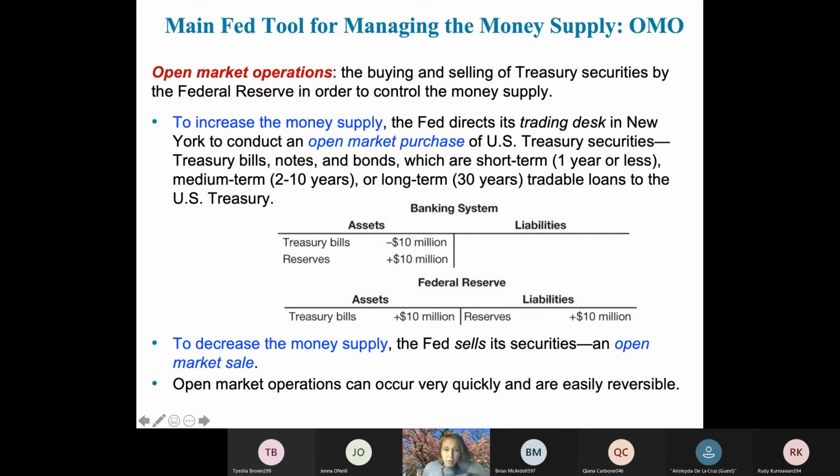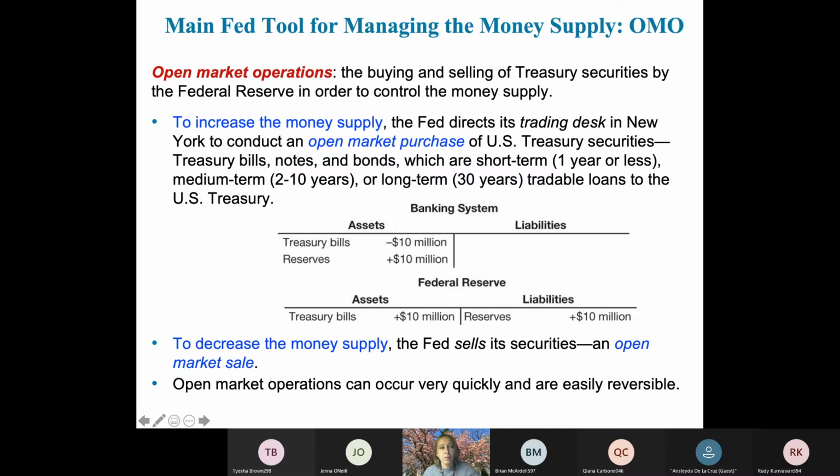And then if you want to do the opposite, if you're saying, oh, there's too much economic activity going on out there, what a danger of inflation, you're going to call your trading desk in New York and say, hey, we need to remove some money from circulation. We need to remove some, right? So we're going to sell the banks treasury bonds instead.